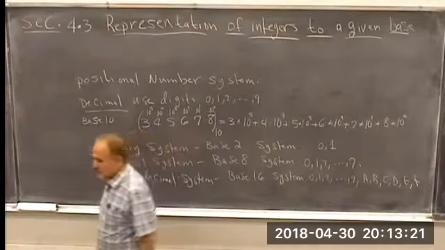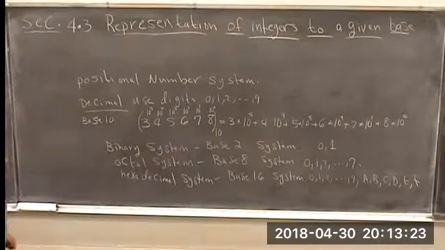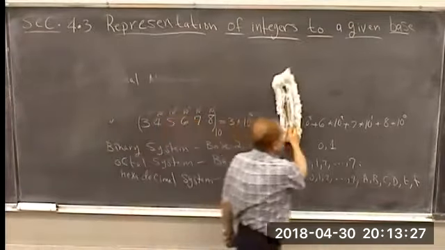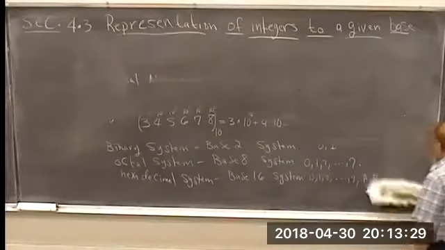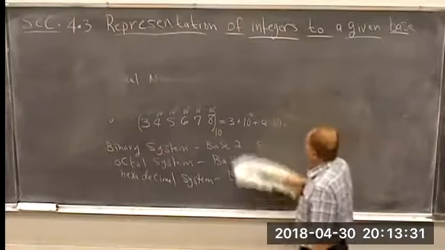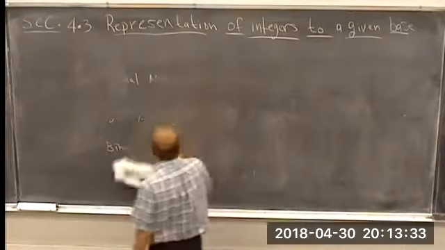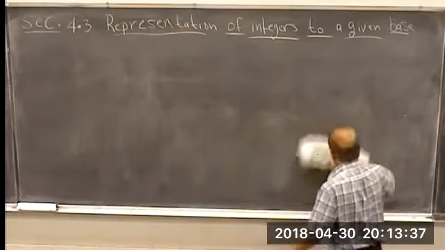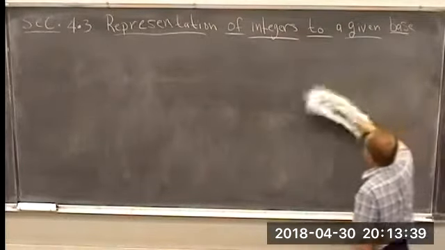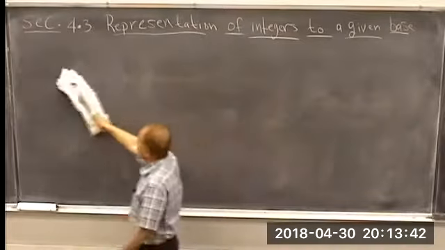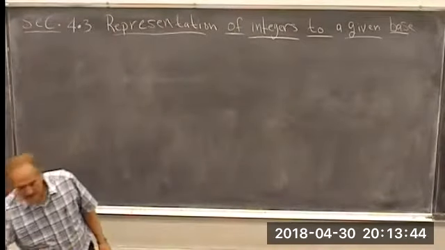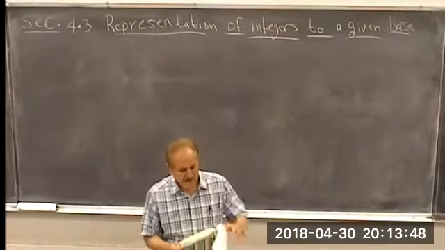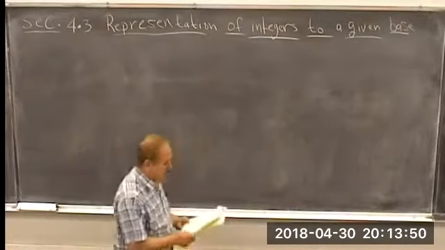So the main objectives of this section, there are a couple, number one, is to show that any integer can be expressed or expanded using any base b bigger than 1.